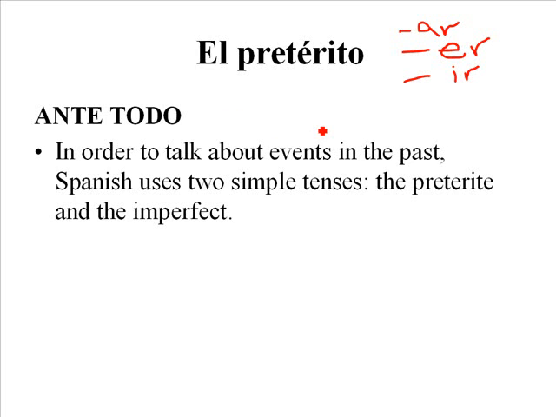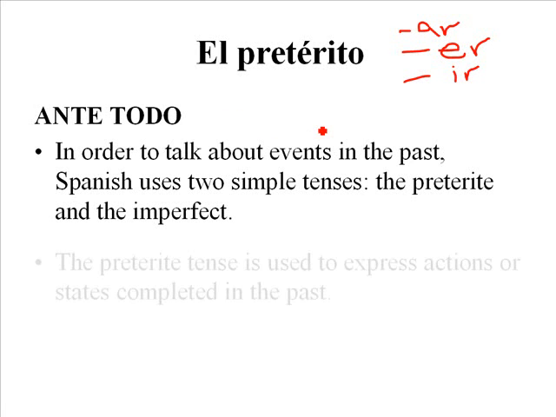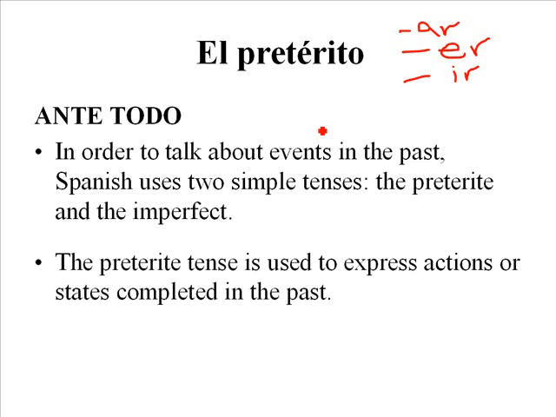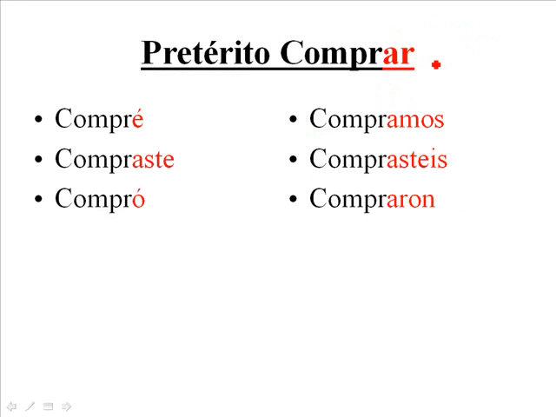Okay? In Spanish, we have two simple tenses for the past tense, the preterite and the imperfect. Don't worry about the imperfect for now. We're going to focus on the preterite. Okay? But the preterite is something that expresses an action, something that has been completed in the past. Just as you learned before with the present tense, you have a verb with an ending, AR, that's our infinitive.